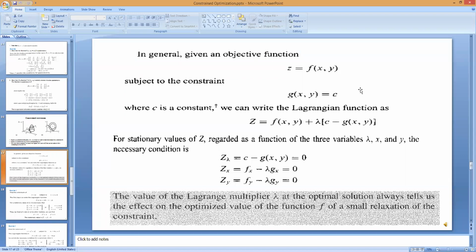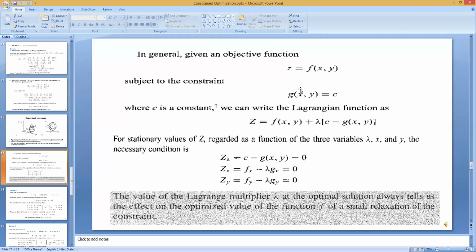So it can be written as z is equal to f of x, y plus lambda into c minus g of x, y, the constraint. So we are considering the constraint as c minus g of x, y is equal to 0 and putting it this way. Since you have pen and paper with you, you can add. This expression can also be written as z is equal to f of x, y minus lambda into g of x, y minus c.